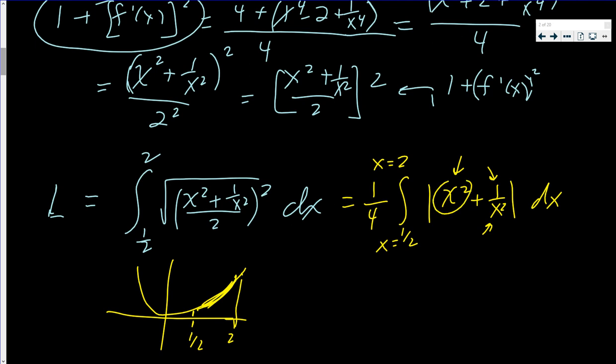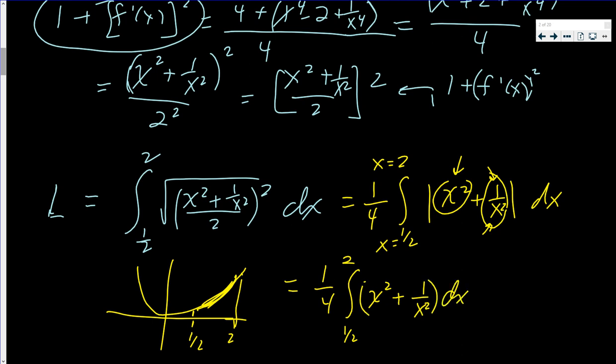So this is always positive on our region from 1/2 to 2. And this is always positive from 1/2 to 2. So we can remove the absolute value bars. So x goes from 1/2 to 2 of just x squared plus 1 over x squared.